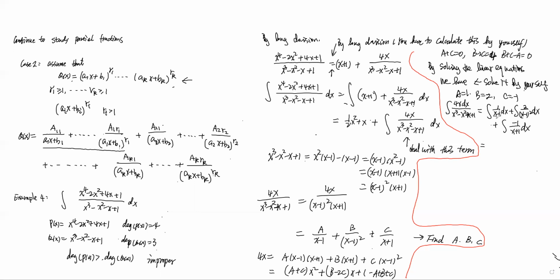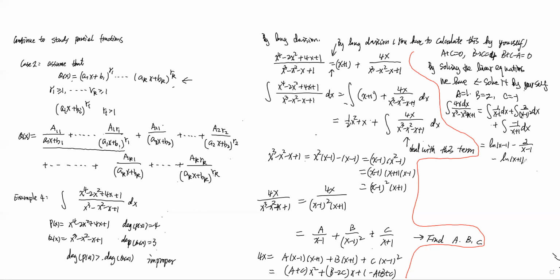So let's compute the answer. The first term is ln|x minus 1|. The second term is minus 2 over (x minus 1), right? And the third term is negative ln|x plus 1|. So let's combine all terms.